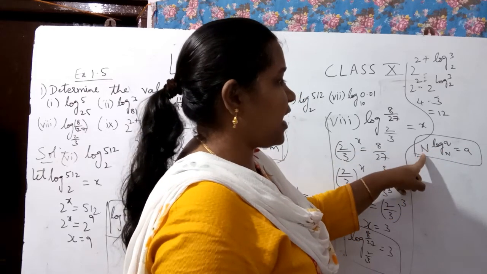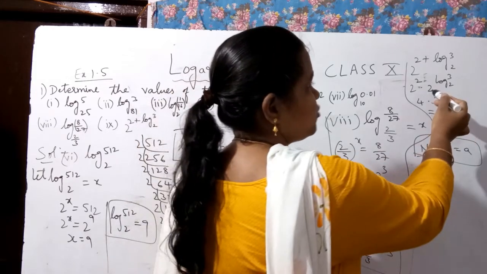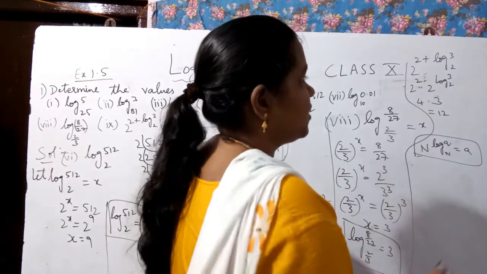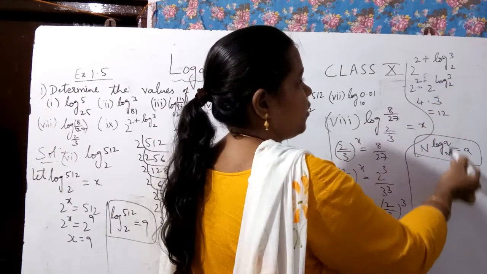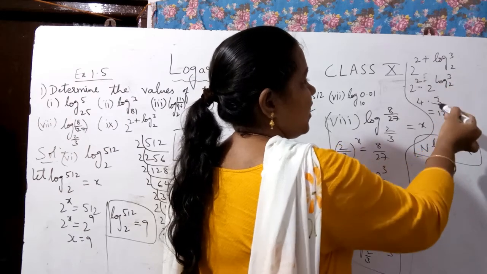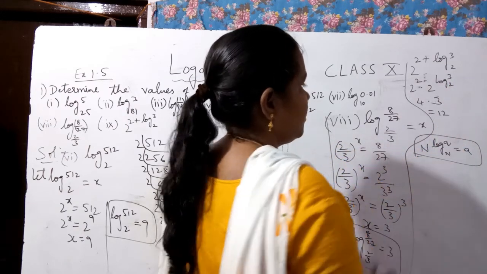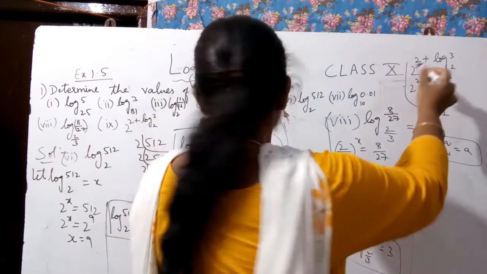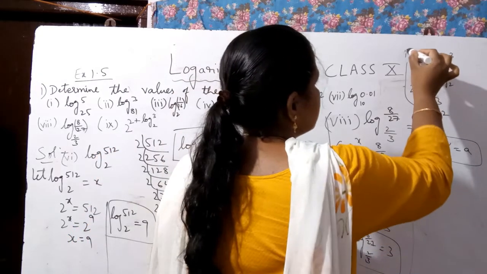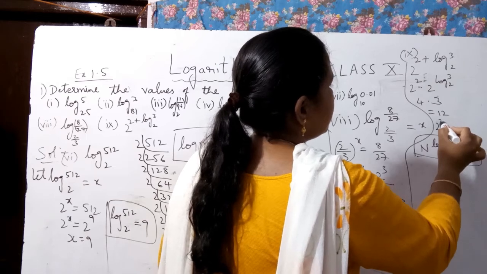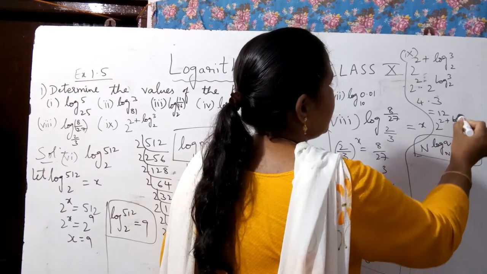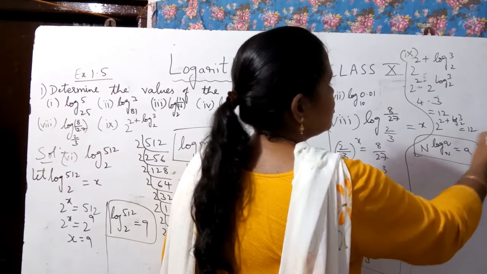So here also you have 2 power log 3 base 2. So in this n power log a base n form, you are getting the value of a as 3. 4 into 3 is 12. This is the solution for the 9th bit. So the value of 2 power 2 plus log 3 base 2 is equal to 12.